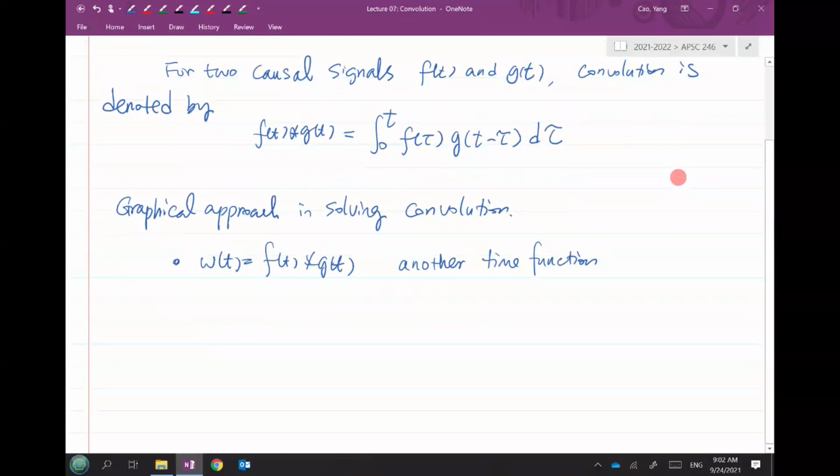And another property of convolution is that when you convolve f of t with g of t, it's the same as g of t convolved with f of t. This is what we call the commutative property. So you can change the order of the convolution.